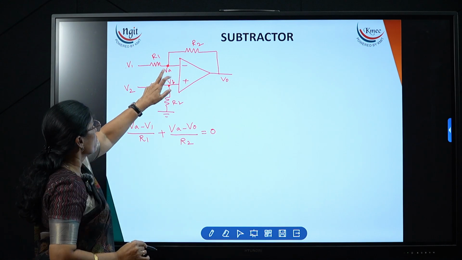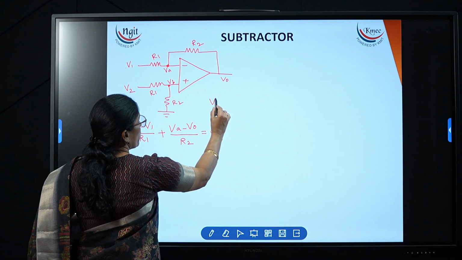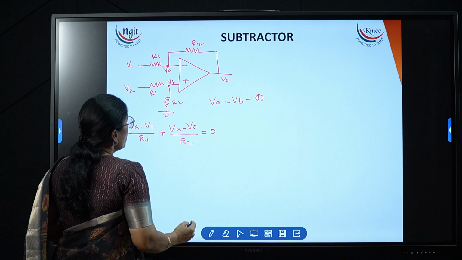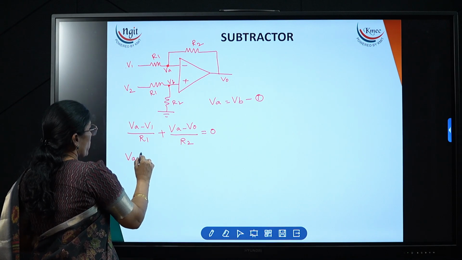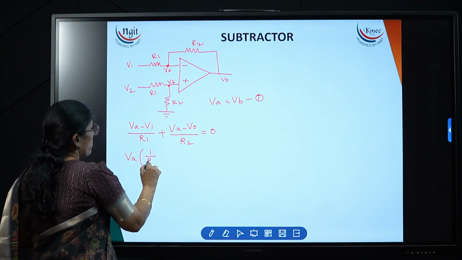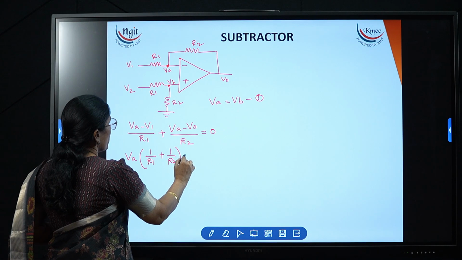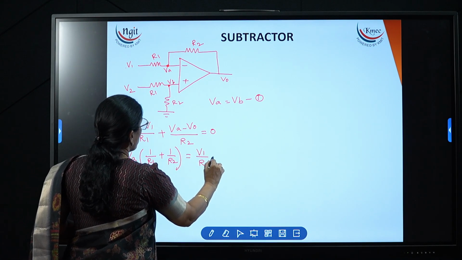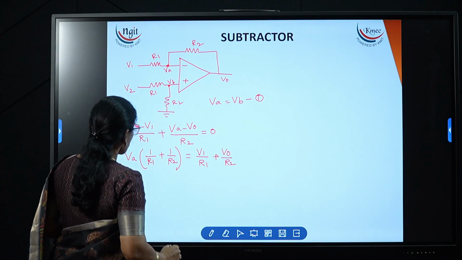Now this is the expression for VA. The first expression is VA is equal to VB, this is equation 1, and this is equation 2. From this we will write VA times (1 divided by R1 plus 1 divided by R2) is equal to V1 divided by R1 plus V0 divided by R2.